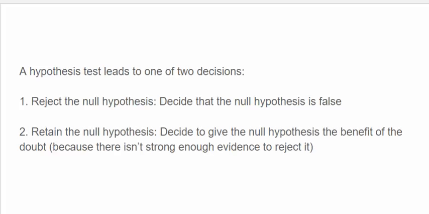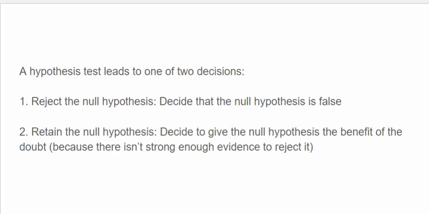Now let's go back to that example on temperature and exam performance. Imagine I want to know if students who take an exam in a hot room tend to do more poorly, and I collect some data, I collect some exam scores, and I end up concluding that being in a hot room does cause people to do more poorly on average on an exam.